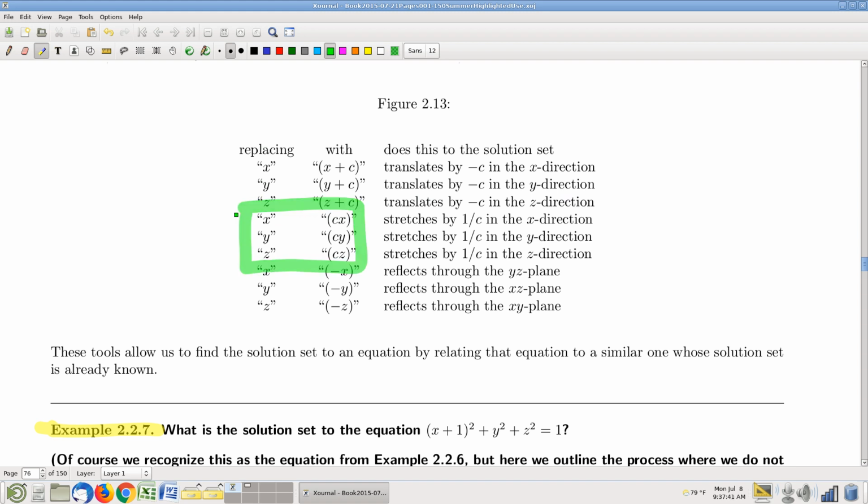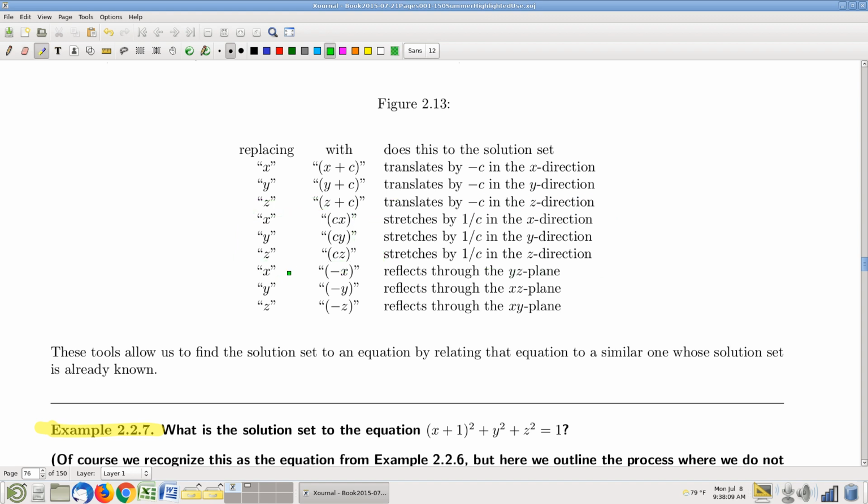If you replace one of the variables by a constant times that variable, you're tempted to say that it would stretch by a factor of c, but no, it does the opposite of that. So it stretches by a factor of 1 over c, or sometimes I like to say it squishes by a factor of c. Terminology, suit yourself. Again, opposing what happens algebraically.